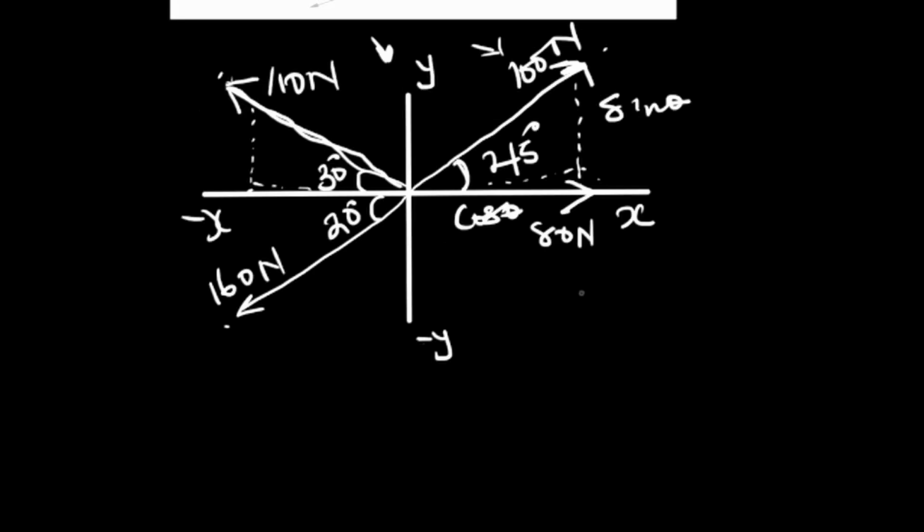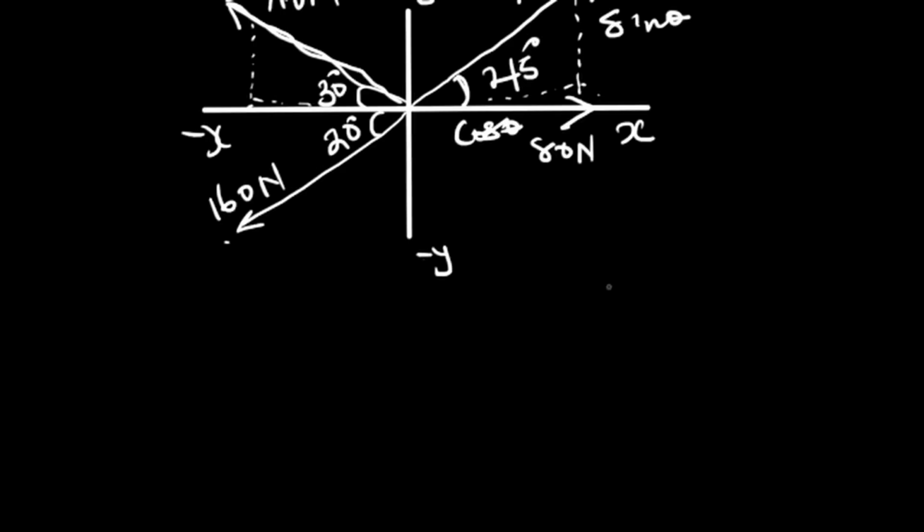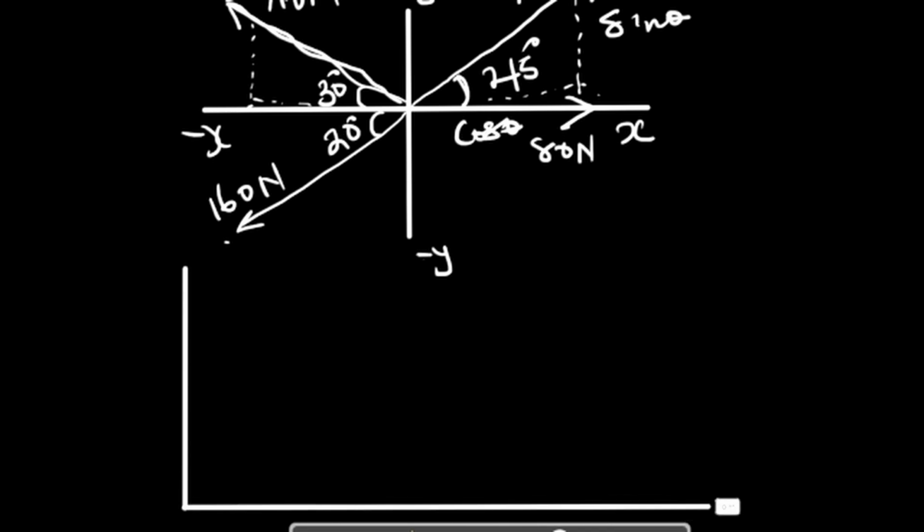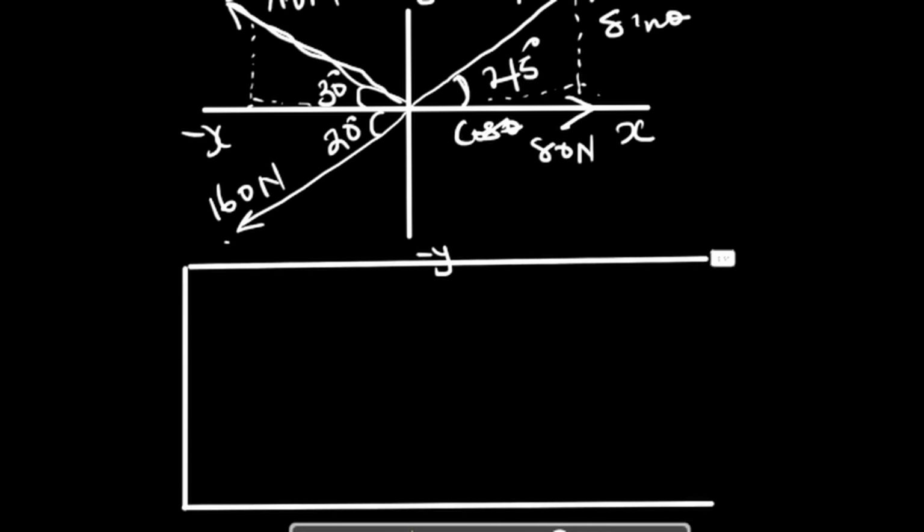Now let's do that together. First of all, you have to draw a box where you're going to represent all your vectors. Let me do that right here. So here we have a box, and this is where we're going to do all our calculations.